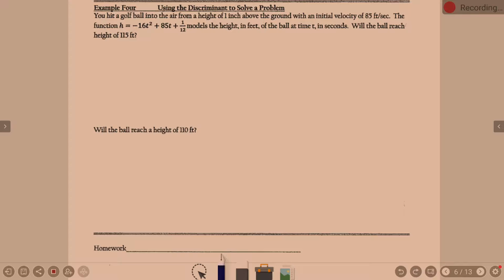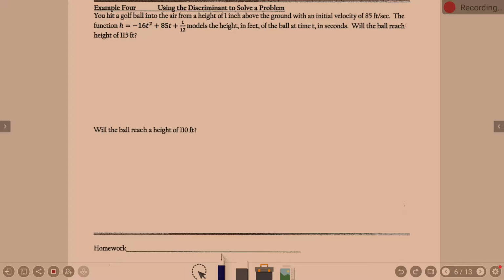You hit a golf ball into the air from a height of 1 inch above the ground with an initial velocity of 85 feet per second. So there's your background story. The function h equals negative 16t squared plus 85t plus 1/12 models the height in feet of the ball at time t in seconds. That equation takes care of that first sentence.